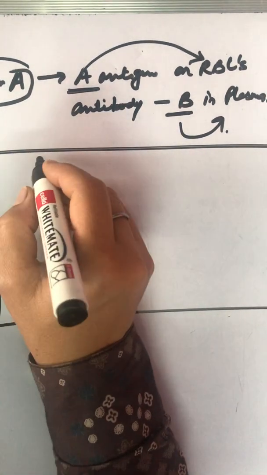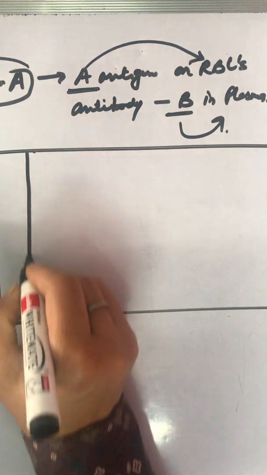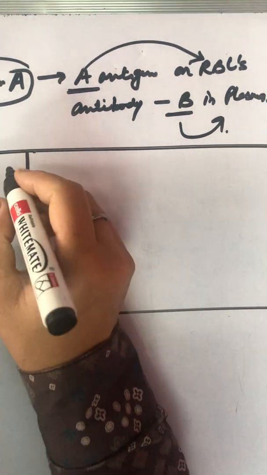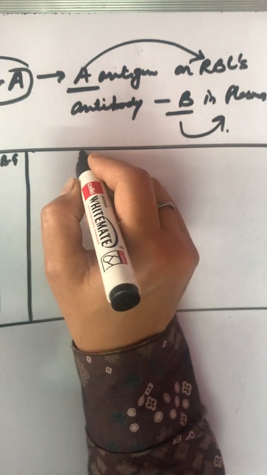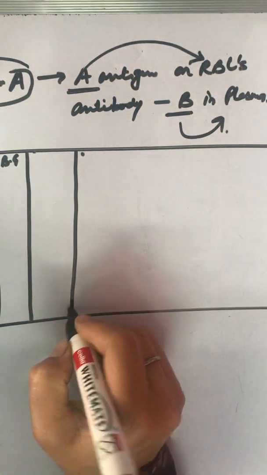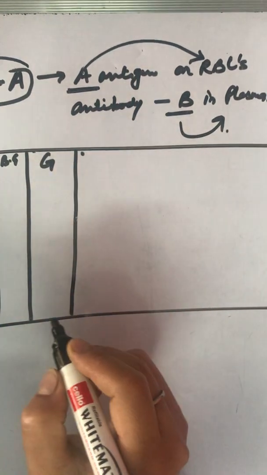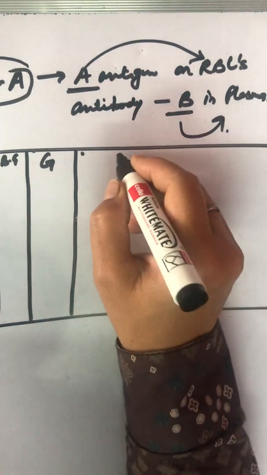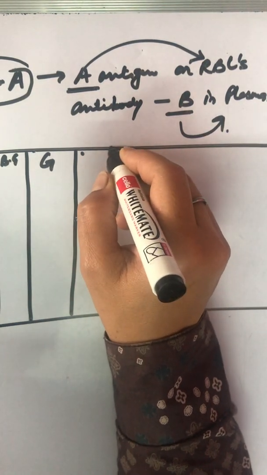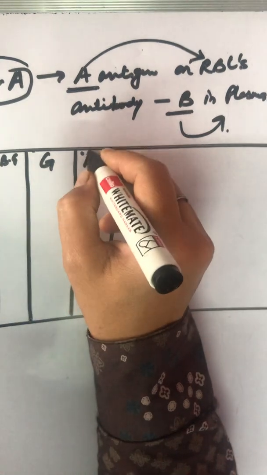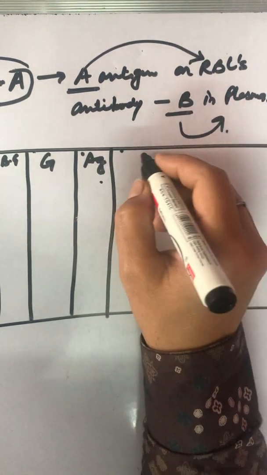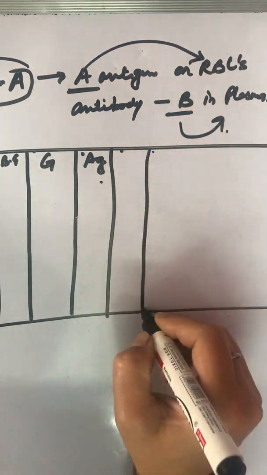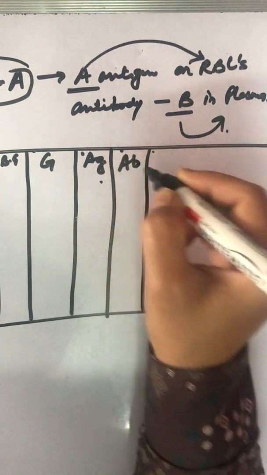Right here we are going to mark the blood groups. It's the blood group. Then its genotypic allele, how these show. G stands for genotype. Then here we are writing the antigen, AG. Where are the antigens present? On RBCs. Then I am writing AB.